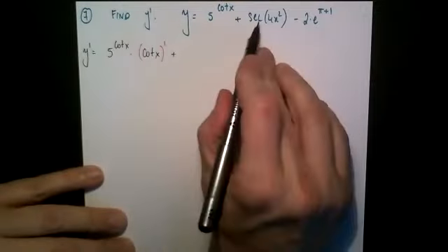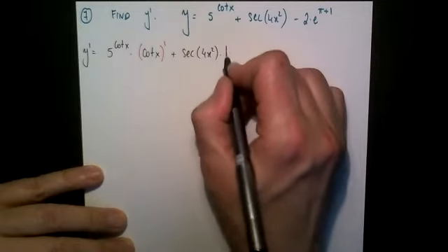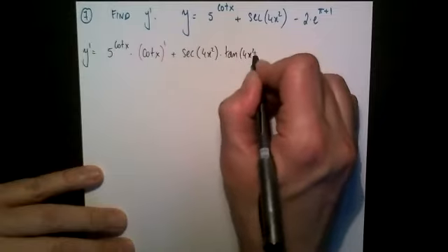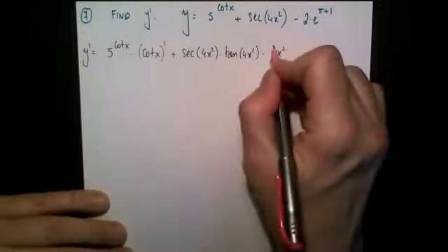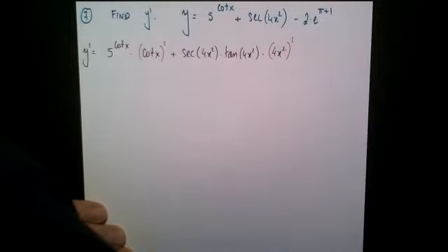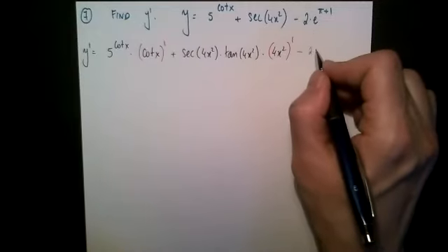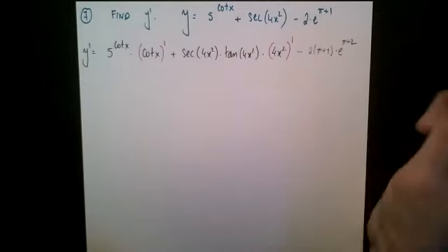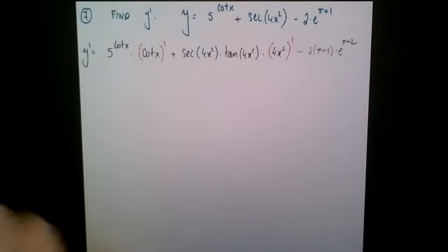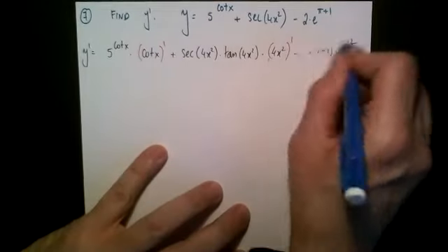Plus the derivative of secant, which is secant times tangent, times the derivative of the inside. Don't forget the chain rule. And times minus what? 2 times pi plus 1 times e to the pi, no, minus 1 from the exponent. I think at the end it's 0. Oh yeah, you're right. Yeah, it's 0. Okay, good.